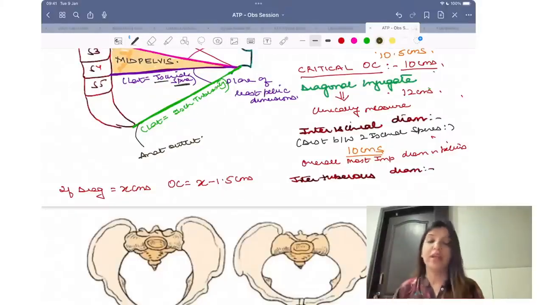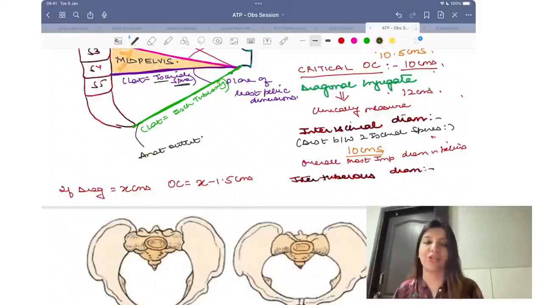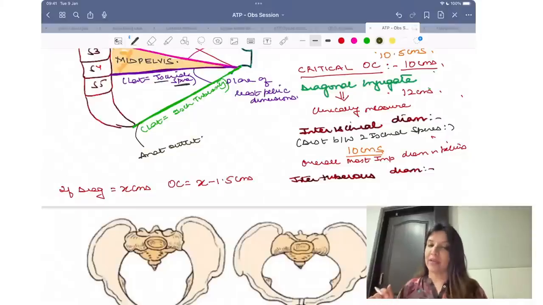Practically all of us are sitting on our anatomical outlet. Posteriorly we have the coccyx, anteriorly we have the pubic symphysis, laterally we have the ischial tuberosity, right? Now in the anatomical outlet, the most important diameter which you have to remember is the transverse diameter.